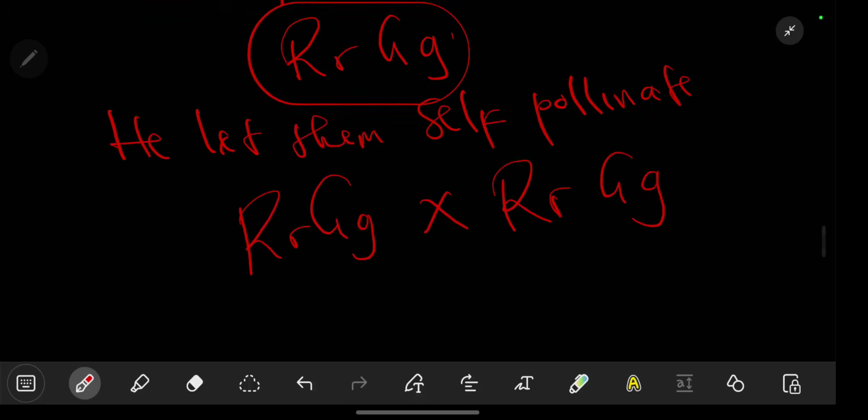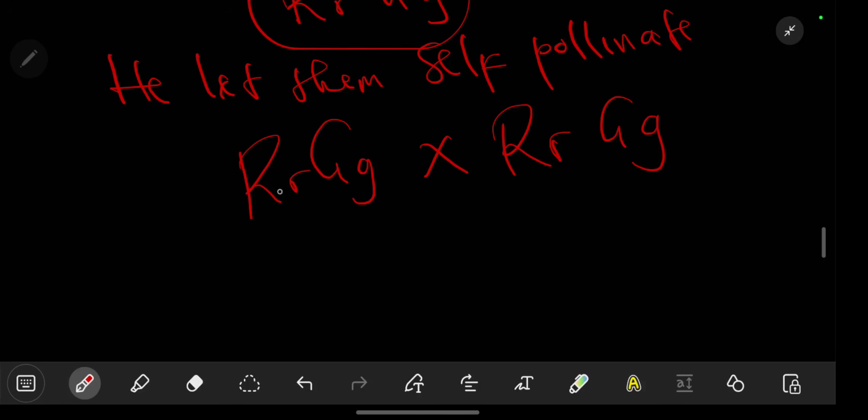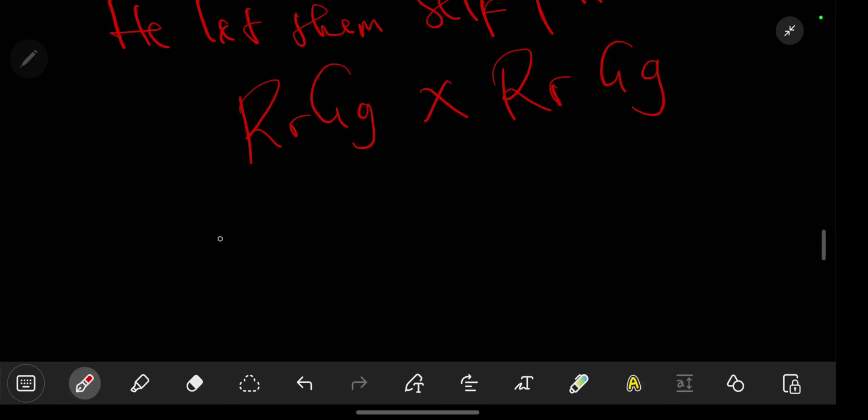So let's show it. There we are going to have the same thing. Let's come up with a 4 Punnett square to shuffle the genes. Whenever we are looking at two genes, we are looking at dihybrid crosses because we are dealing with two traits.